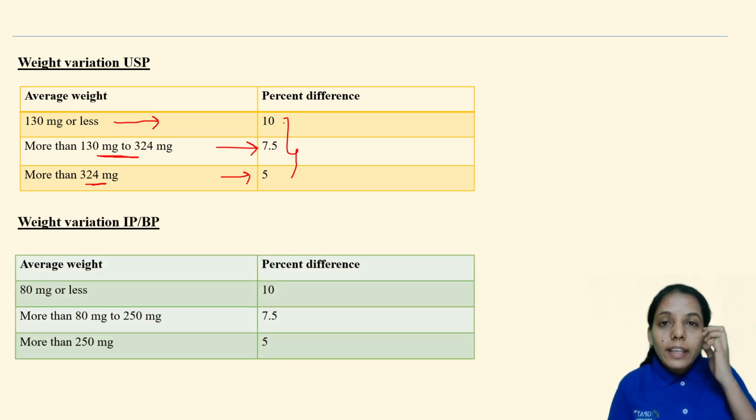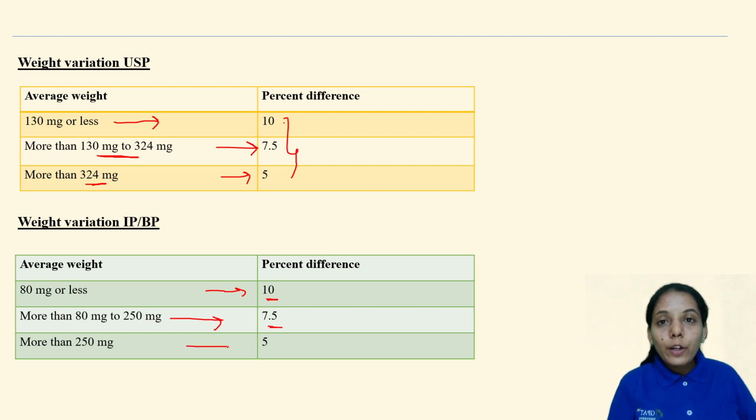Similar is the weight variation according to IP/BP. The only difference is about the weight of the tablets. For example, if the tablet weight is 80 mg or less, then the percent difference should be less than 10%. If the tablet weight is 80 to 250 mg, then the percent difference should be less than 7.5%.